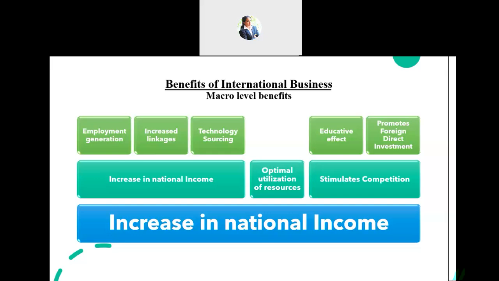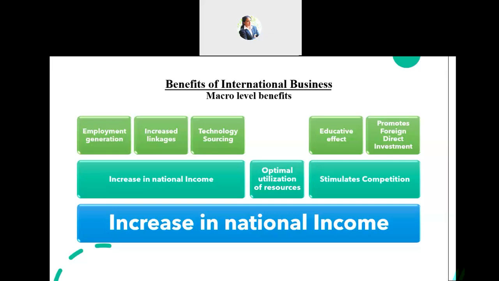This multiple effect of income increases the level of output and growth rate of the economy. Especially the export of wage goods can help a developing country to break the vicious circle of poverty and also raise the real income of the country.